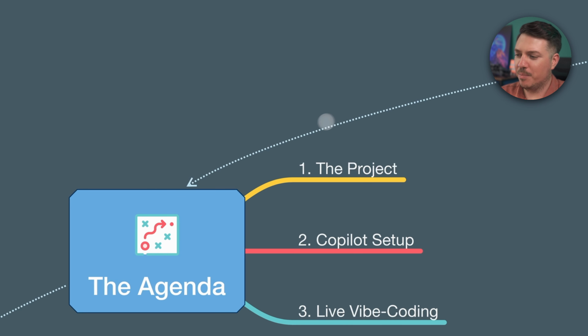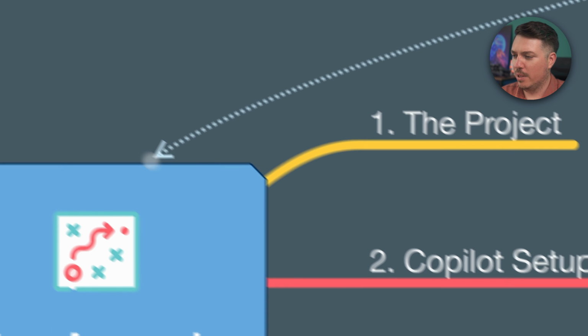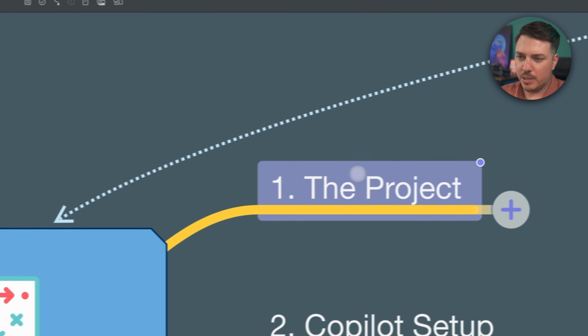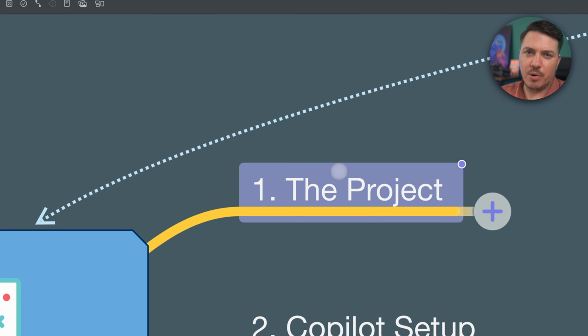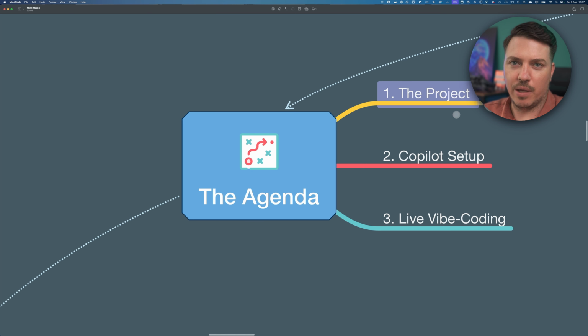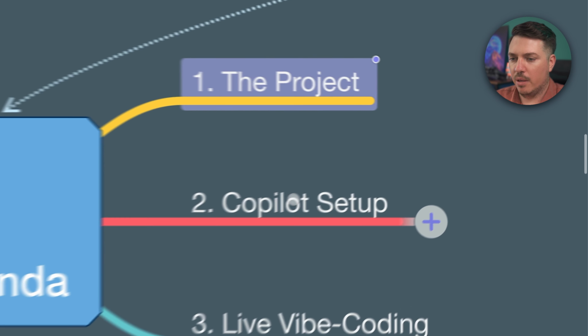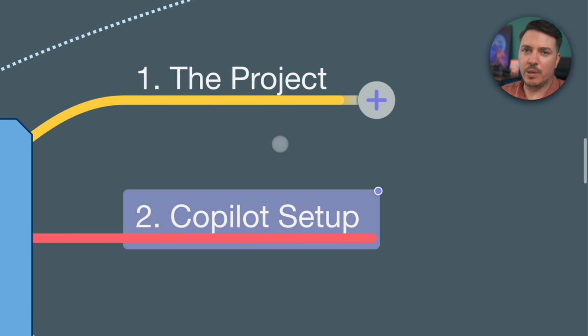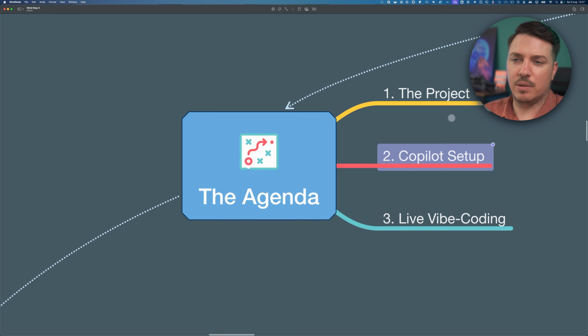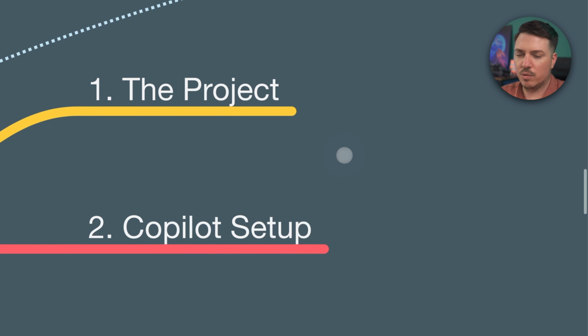This is the agenda that we have for this video. We'll go through the project, what it is, and I will explain it a little bit. Then we will dive into the Copilot setup that I use, and you can check that on my GitHub, but hold on, links will be included.